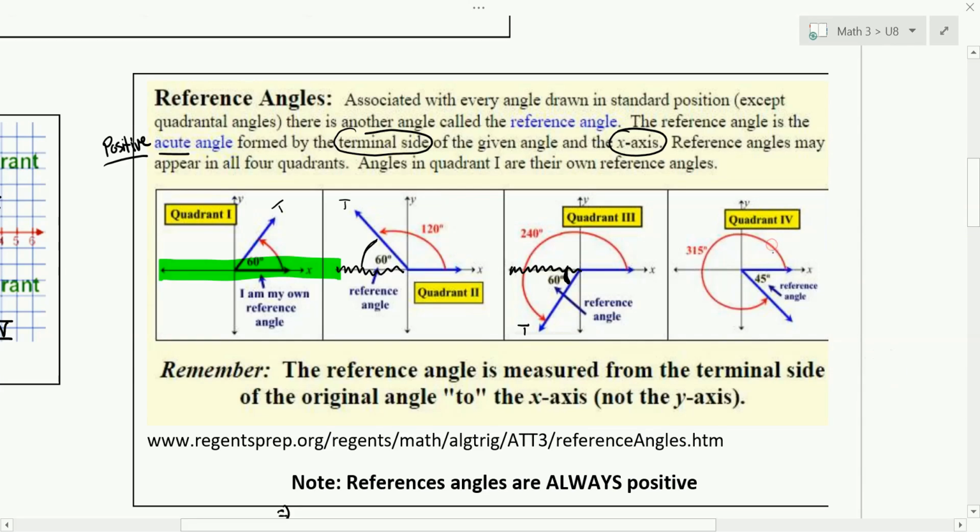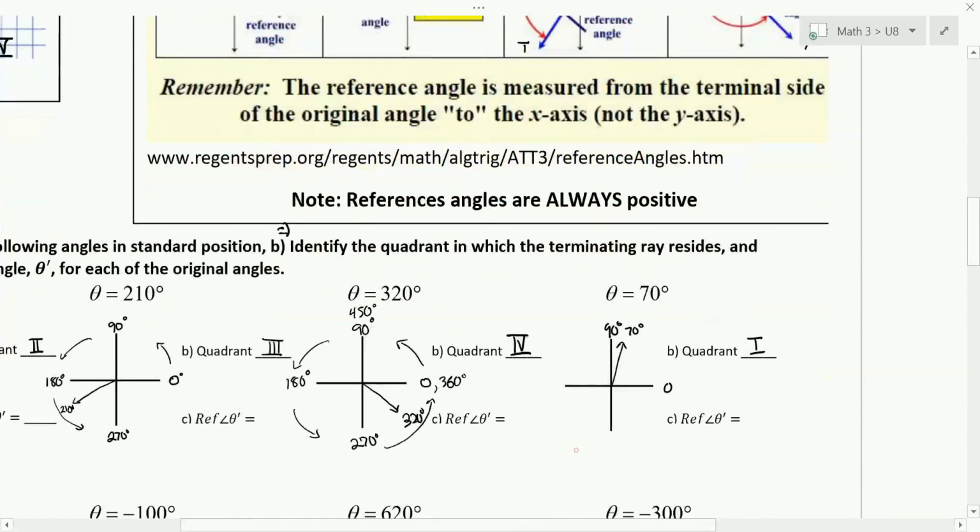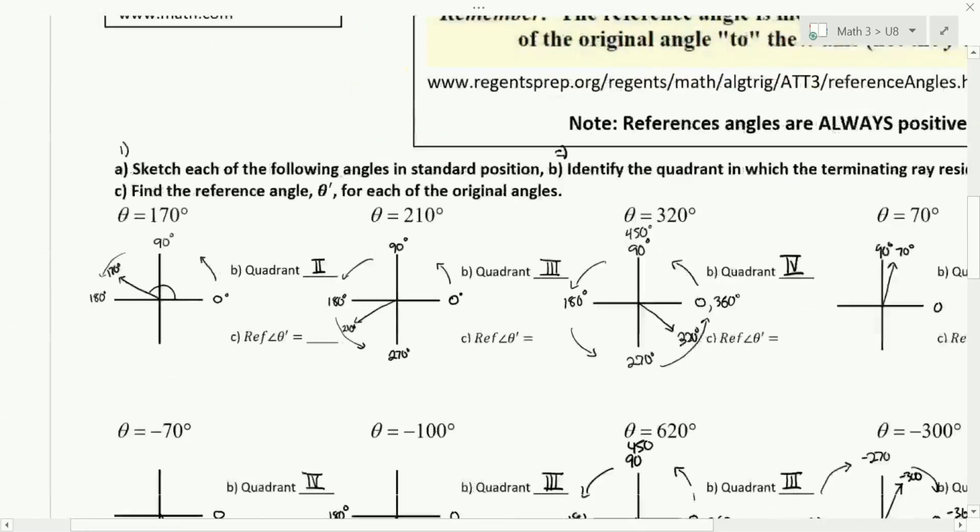And then last, if it's in quadrant 4, here's an example, 315 degrees. That's our angle, not acute. And so you go from this terminal side to the x-axis, and you get 45 degrees. And so we're going to practice finding these reference angles. Very important that you can do this the correct way.